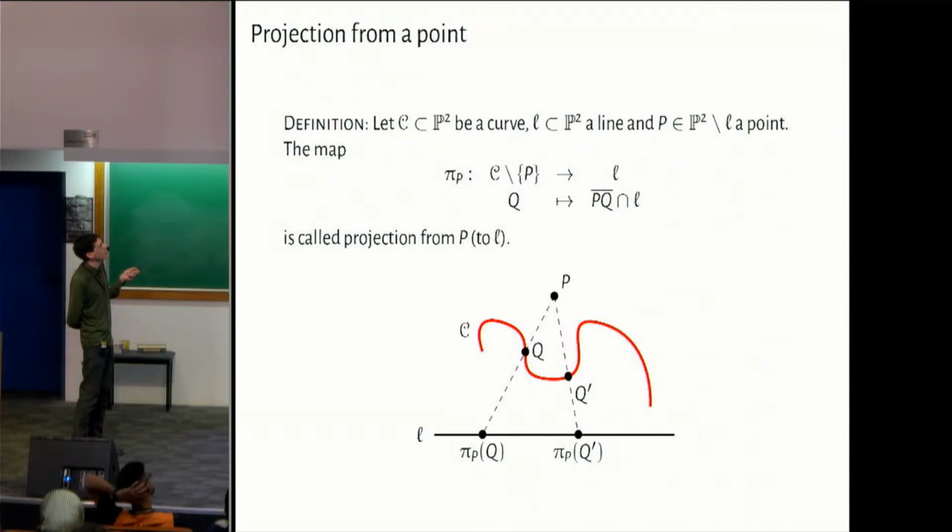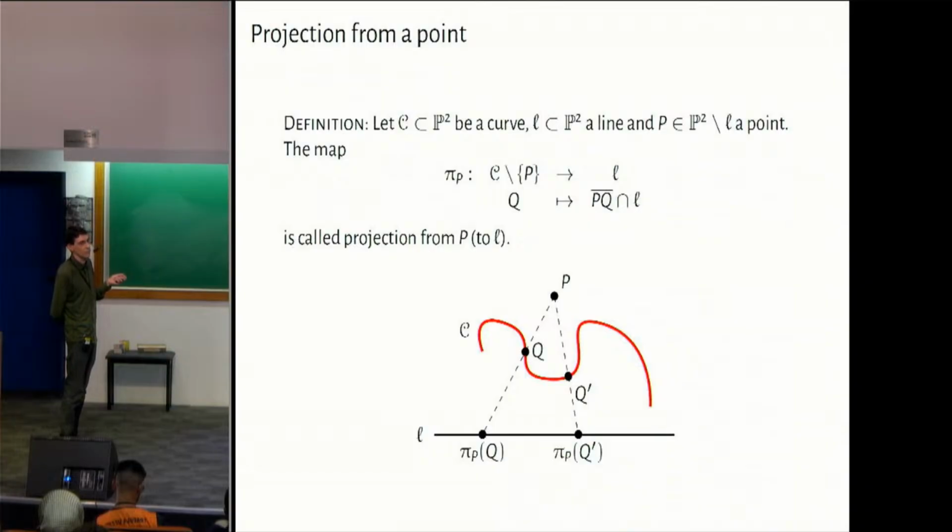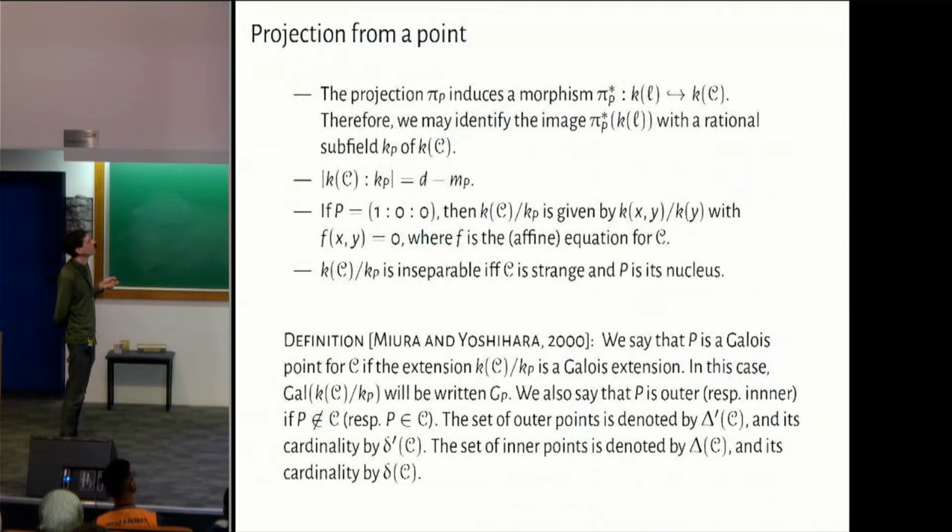This map assigns to each point Q of the curve the point you get when you intersect the line joining P and Q with the line L you fixed beforehand, and it is the projection from this point P. This projection induces a field extension from the function field of the line to the function field of the curve.